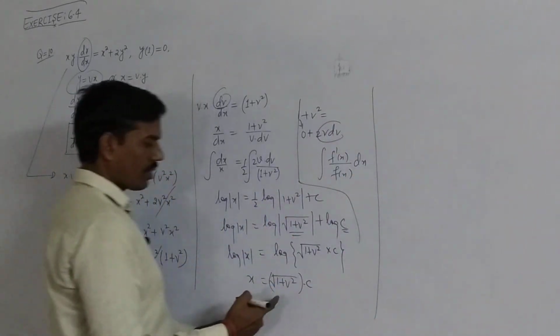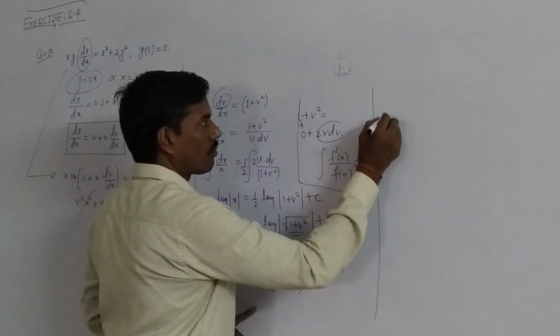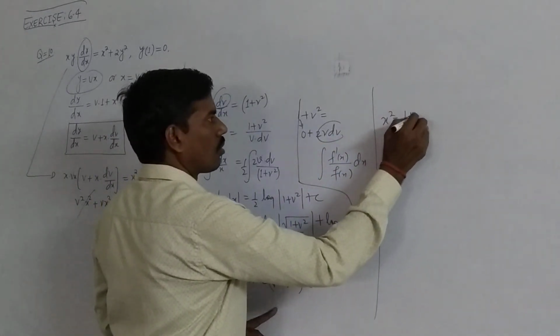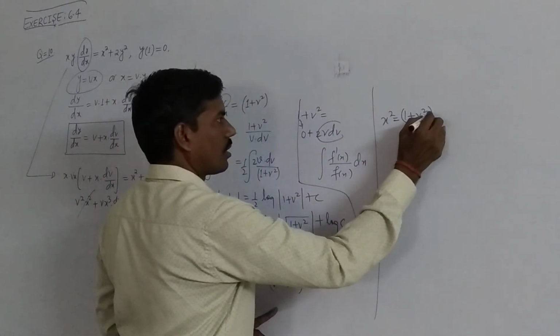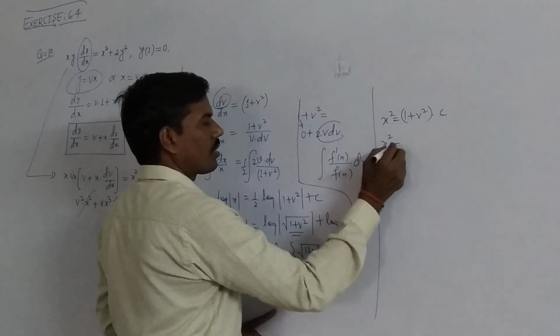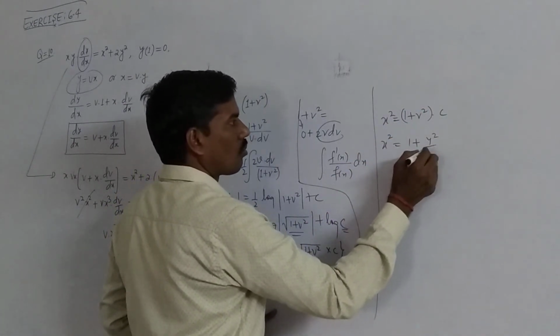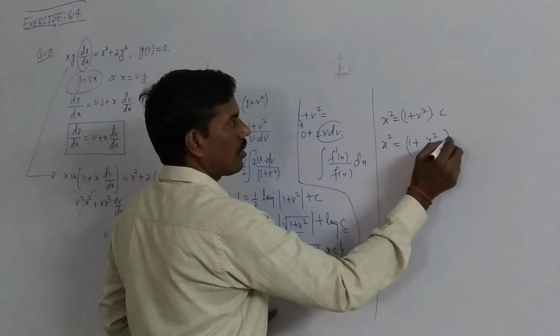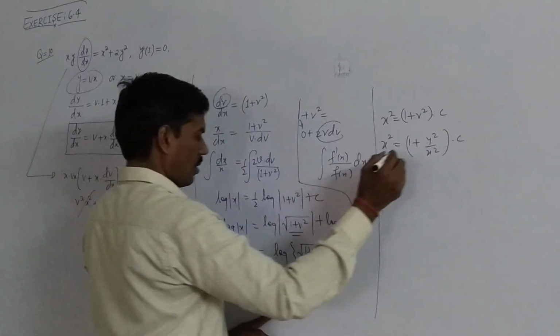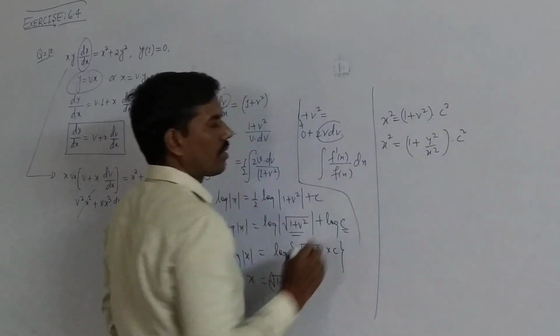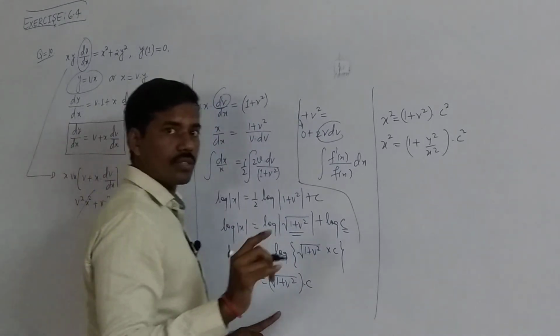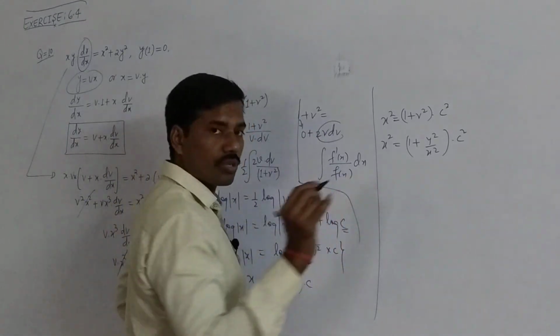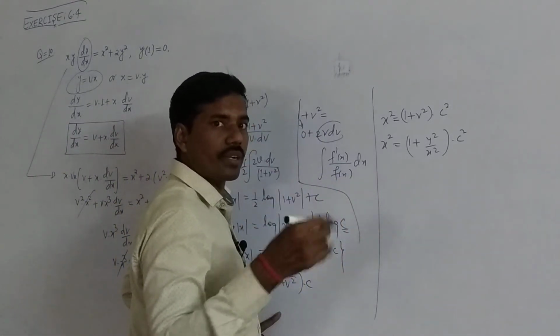So on squaring both the sides, we have x square is equal to 1 plus v square into c square, and x square is equal to 1 plus y square upon x square into c square, and we know that c square is also an integration constant or arbitrary constant.